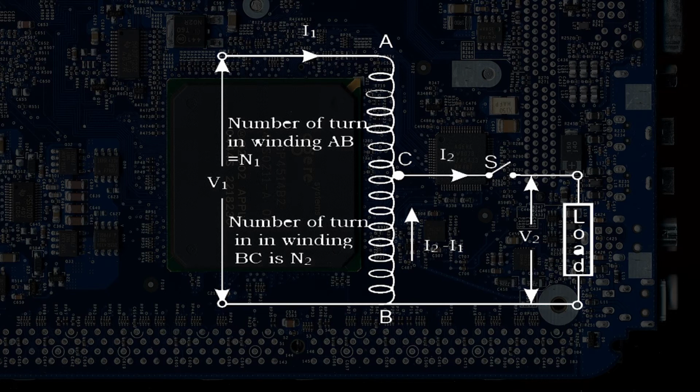So here you can notice that the current I1 is flowing from the primary side through AC, and the current I2 is flowing through CB, and the current that is flowing between B and C is I2 minus I1, and V2 is the voltage which is across the load applied to the transformer.